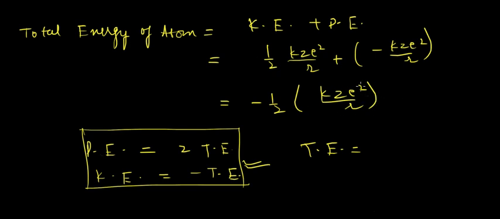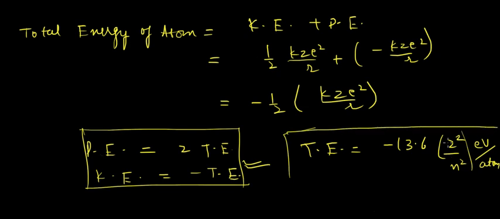If you put the values of all the constants, you will get total energy as minus 13.6 Z square upon n square, in electron volt per atom. Just remember this form also. If you remember this, you will be able to calculate potential energy, kinetic energy and things like that.